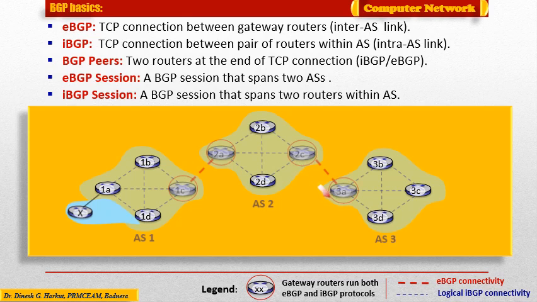When a router, either a gateway or an internal router, learns about a new prefix, it creates an entry for that prefix in its own forwarding table.